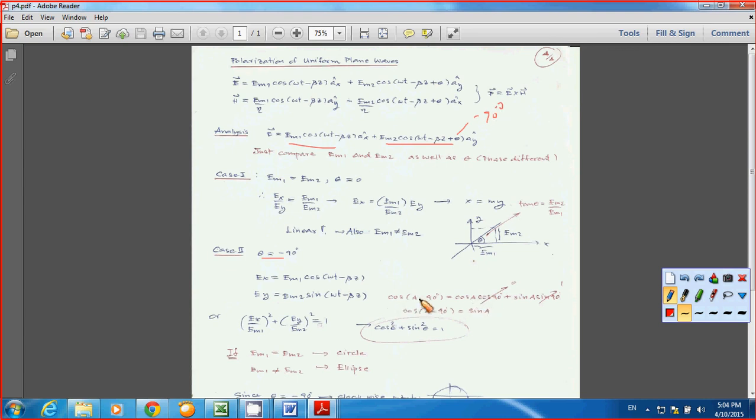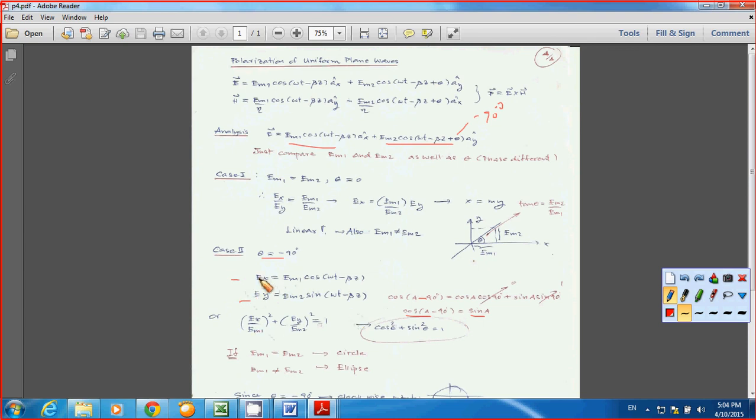You know the property cosine of A minus 90 degrees equals cosine A cosine 90 degrees plus sine A sine 90 degrees, and cosine 90 degrees is 0. So cosine of A minus 90 degrees simply becomes sine A. So this term drops out to be cosine of omega t minus beta z. That's what I have here, right?